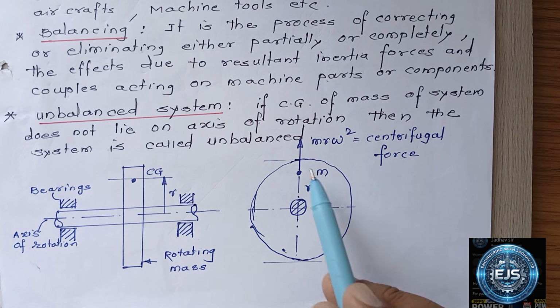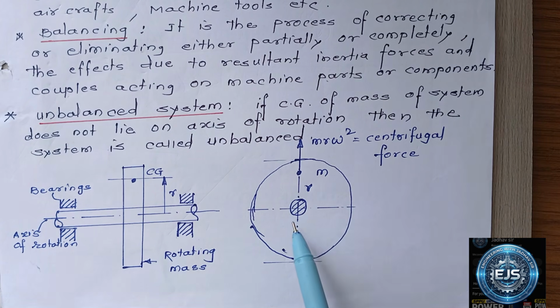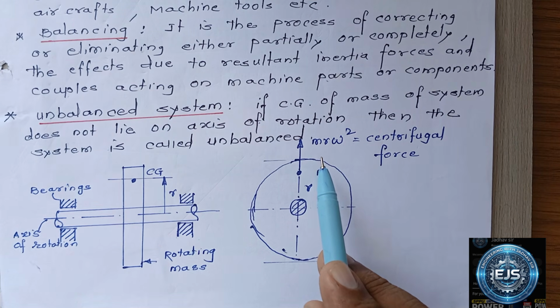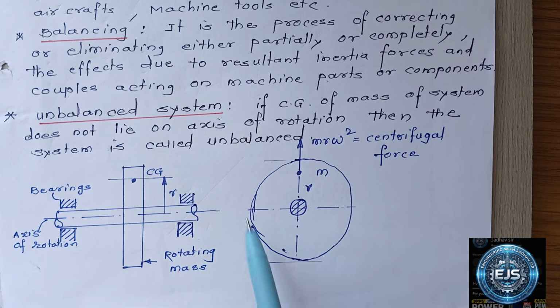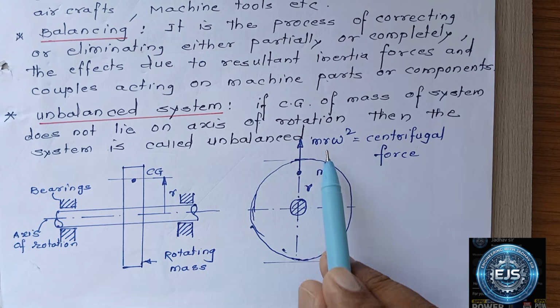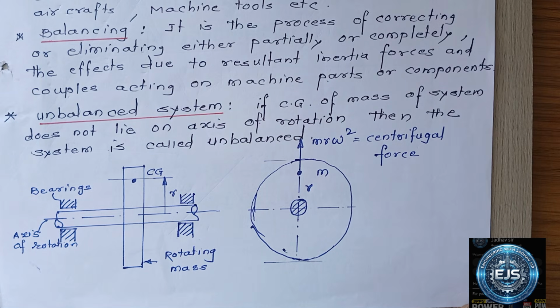Here in the side view we can see that this mass is assumed to concentrate at the CG, and it is at a distance r, small r, from the center of rotation. So it exerts a centrifugal force Fc, of magnitude m r omega square, where m is the mass of the rotating part, r is nothing but eccentricity, the distance between the axis of rotation and the CG of this rotating part, and omega is the angular velocity.